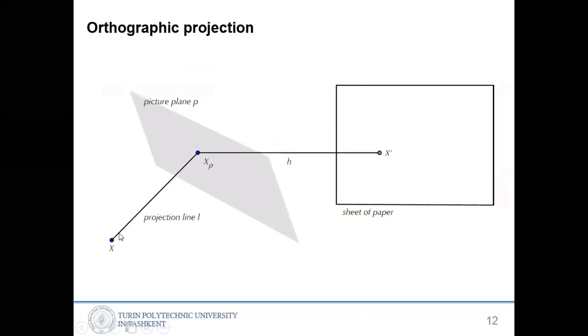So in space, the point in the picture plane can be labeled as XP.